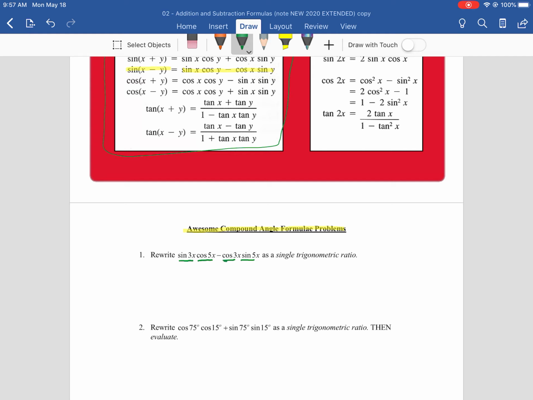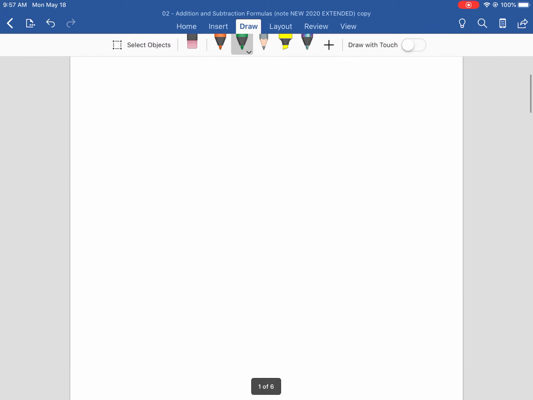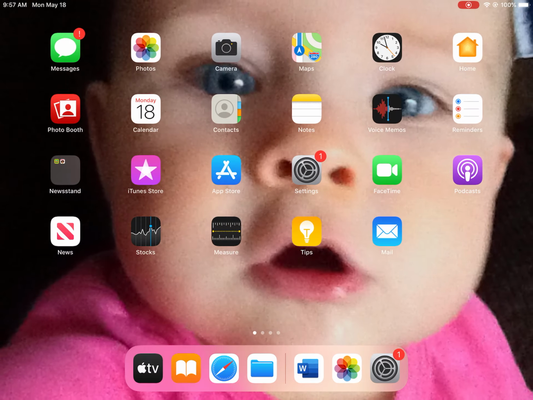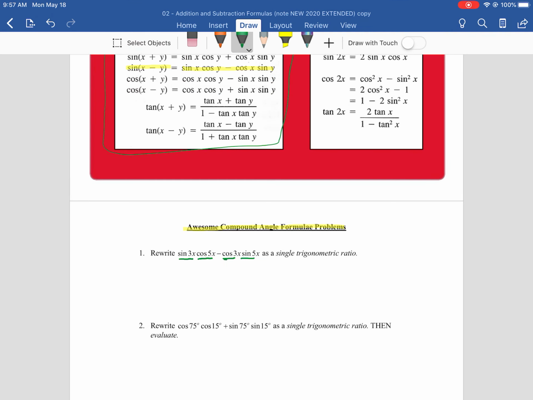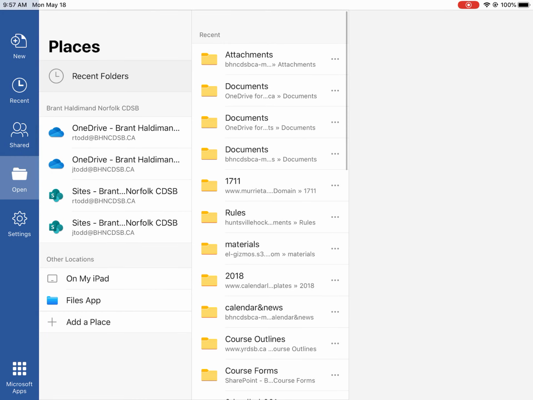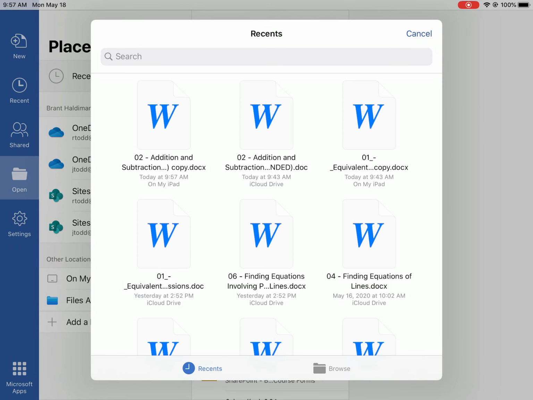Sine, oops. My screen's doing a little catch here. One second. Having a little screen freeze problem here. Let me just exit that and come back in and see if that reestablishes contact. Nope. Let me go out.